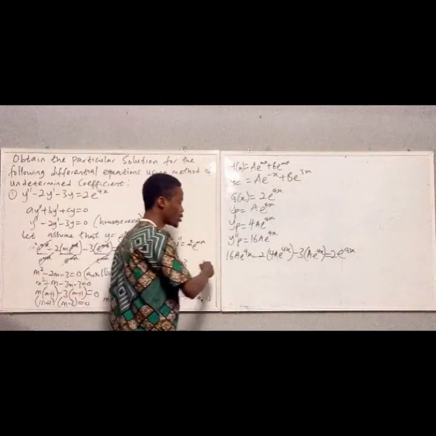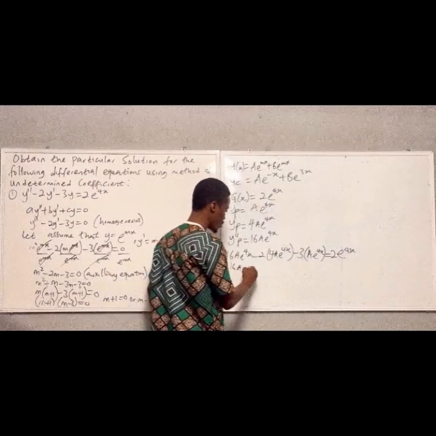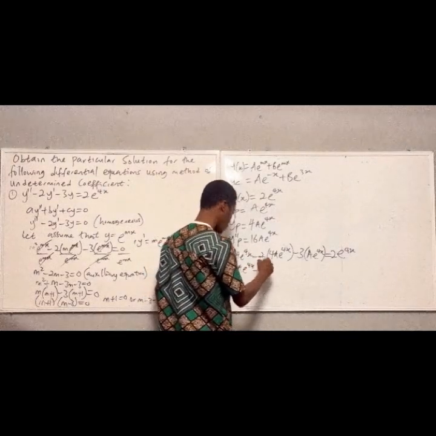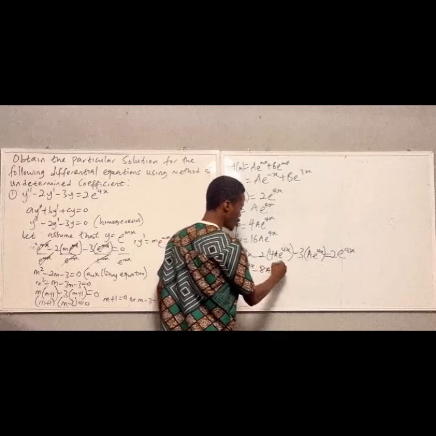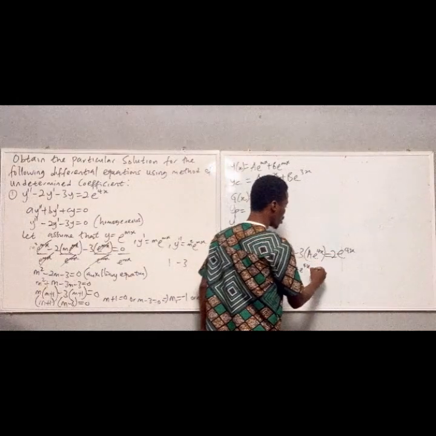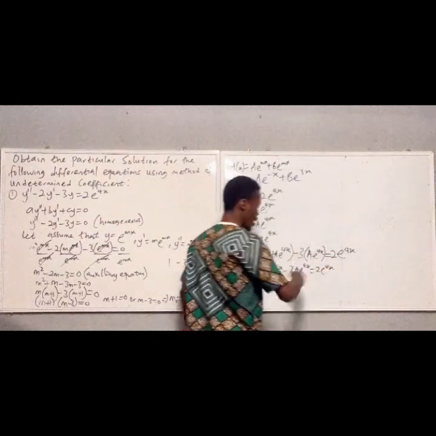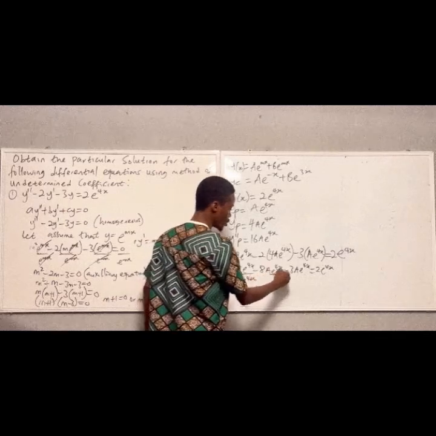So that's how to solve this. Let me open the bracket. I'm going to have 16a exponential 4x minus 2 times 4, 8a exponential 4x, minus 3a exponential 4x is equal to 2 exponential 4x. I can divide through by exponential 4x, since exponential 4x is common between them.